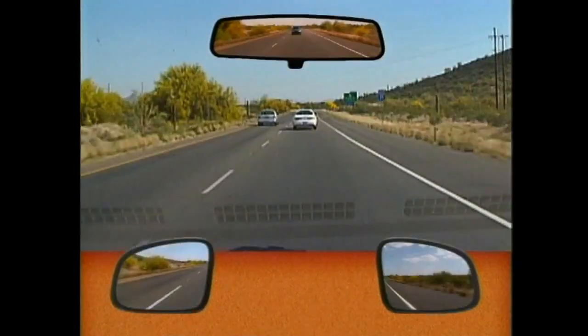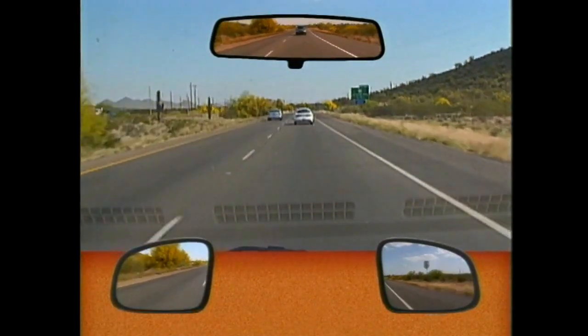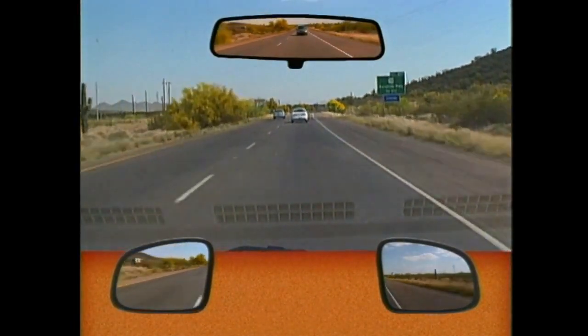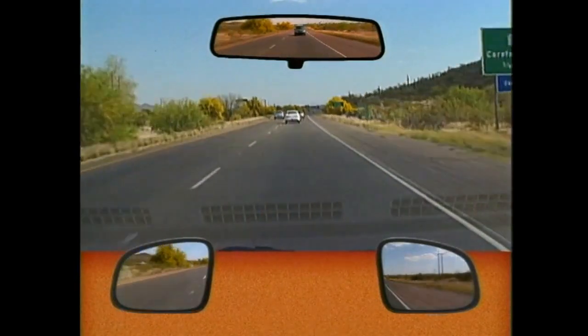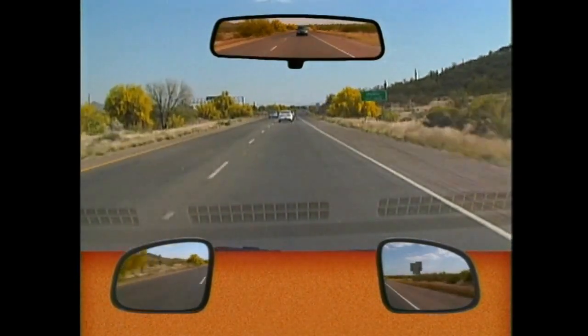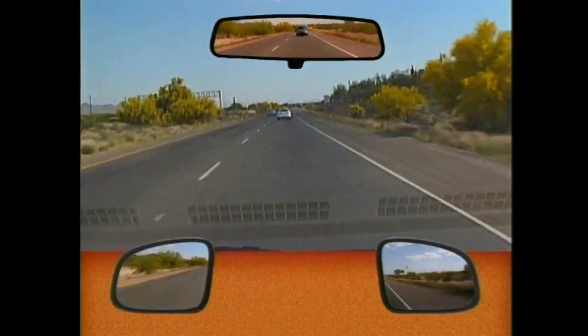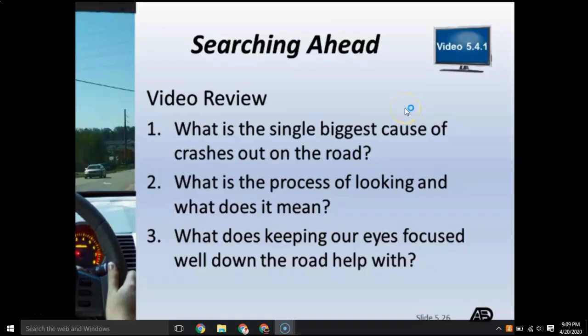In a shopping area, those parked cars could hide a lot of trouble. Look well down the road, search from side to side, but always be looking ahead. Look away only when we have to.